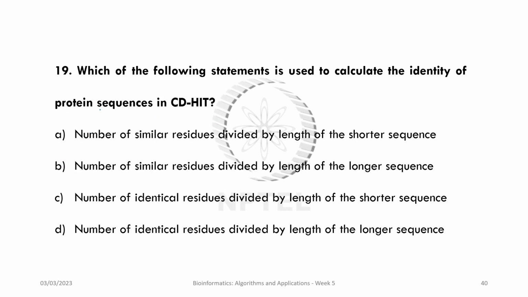Question 19. Which of the following statements is used to calculate the identity of protein sequences in CD HIT?